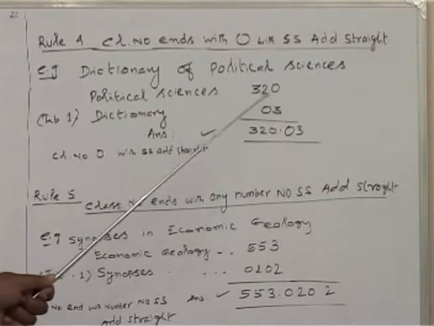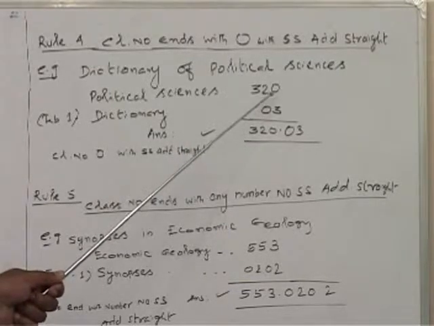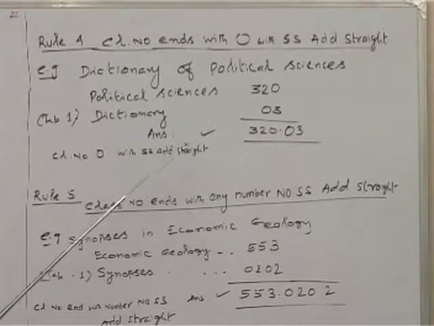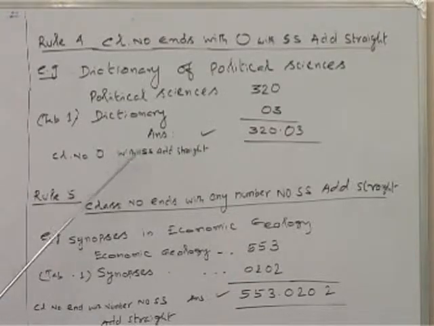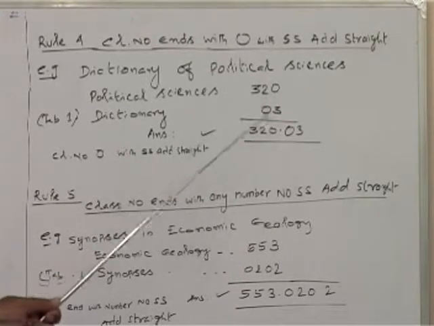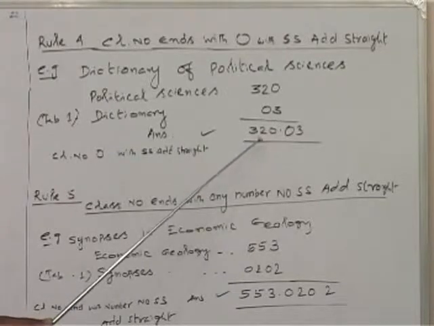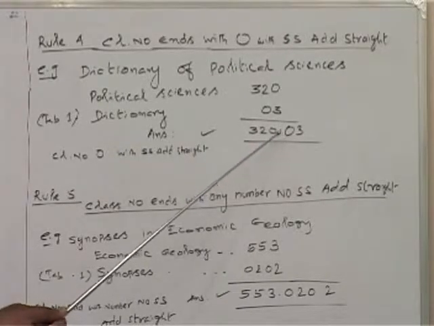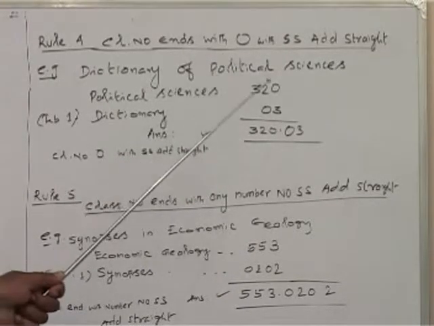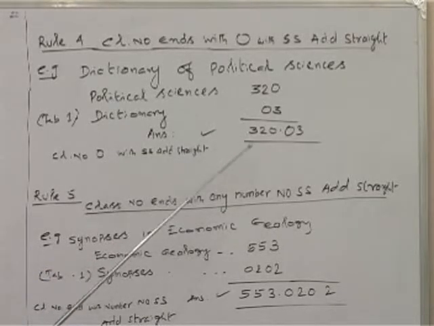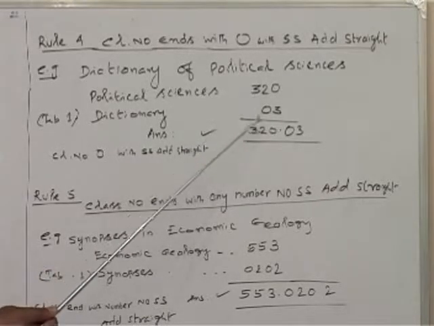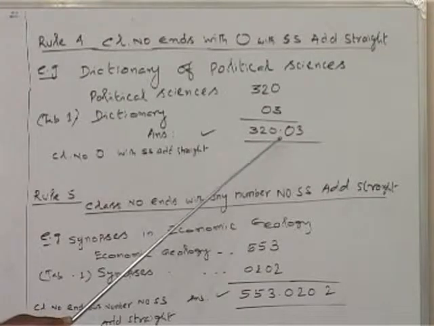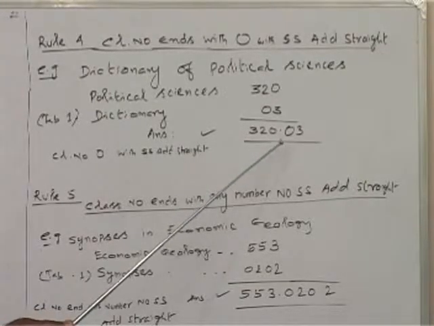Now the class number ends with 0, and under 320 you can find an SS instruction available. So we can add straight away, there is no cut. The final answer should be 320.03, with the dictionary number added along with political sciences straight away.